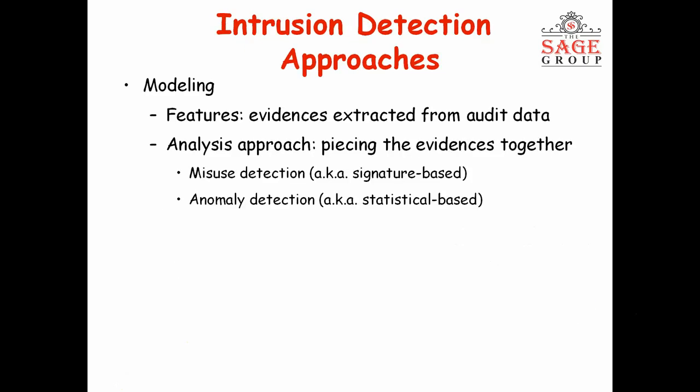What are intrusion detection approaches? Intrusion detection with the help of modeling features that a system extracts from the audit report. What is the audit report? Suppose some intruder has come into the system. There are system logs where we can find what steps were taken and what tasks were performed on the computer, which were done by you or which were not done by you.